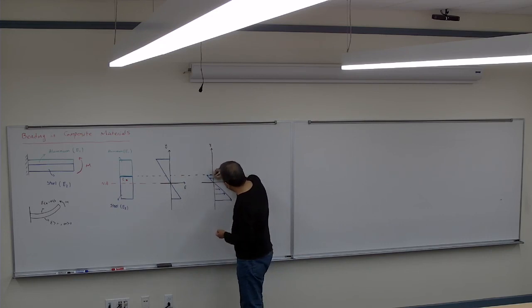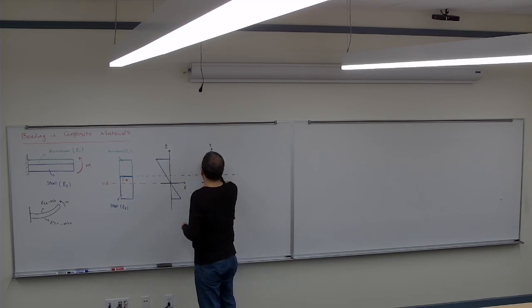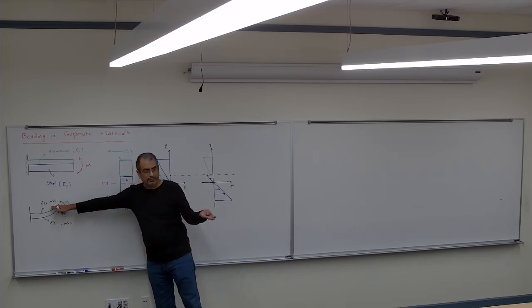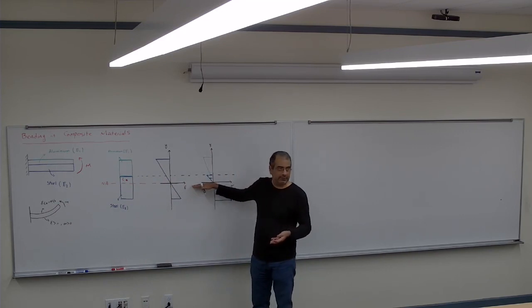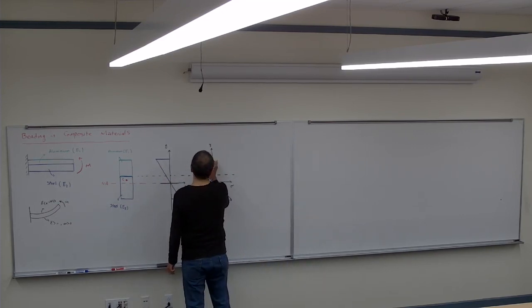So let's assume it starts from somewhere here and then linearly increases to here. The entire tension in the aluminum is negative, because the aluminum part is above the neutral axis. So it's compressive.